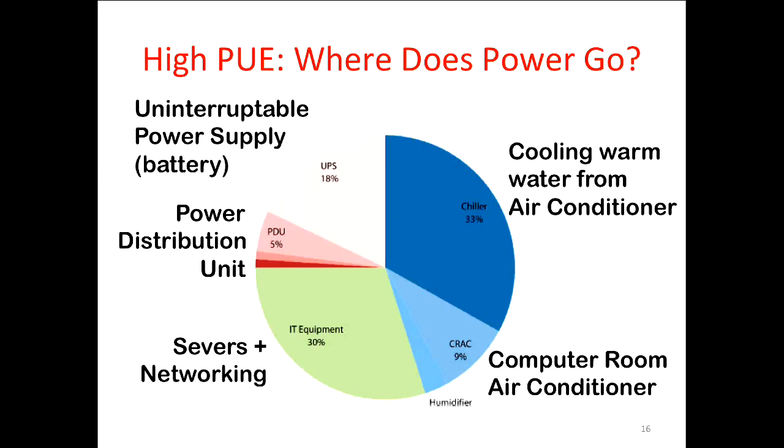Also, cooling systems have to deal with the heat produced by the computing unit, right? So by improving this portion, we may reduce the energy consumed by the cooling system.